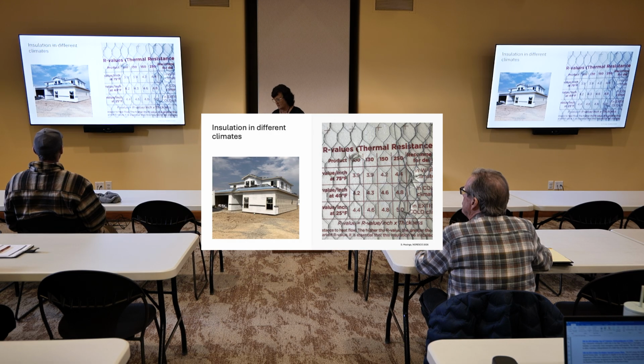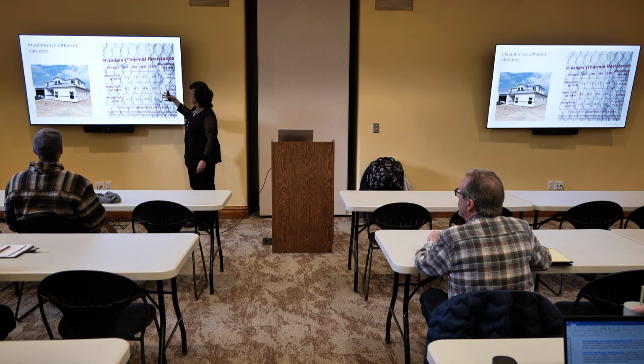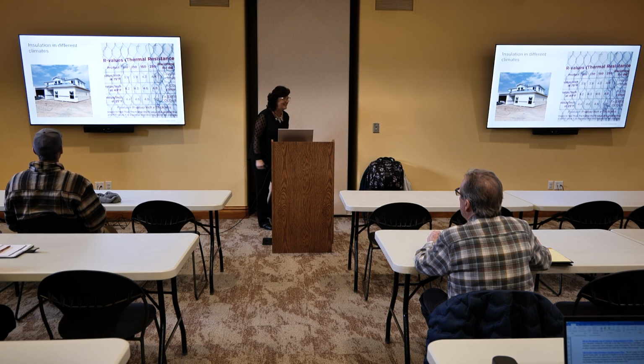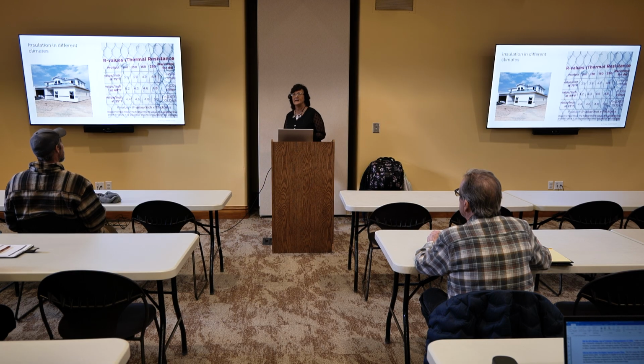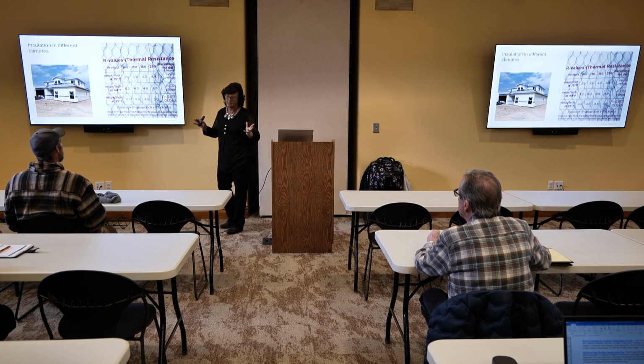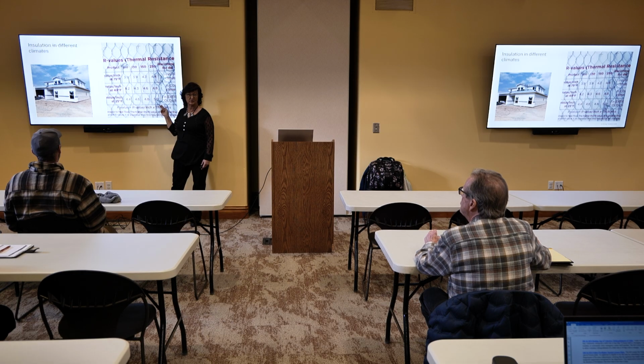I noticed that this house, I think this was in New Mexico, had installed this continuous insulation on the outside of the building, but when you get really close up, I just want to point out, especially code officials, when a designer says, I'm going to do an R20 plus 5, and they just say, I'm going to use EPS or XPS or polyiso or whatever, each one of those insulations has a different model, a different version of the insulation, and each one of those has a different R value based on the temperature and the climate that it's being installed in.